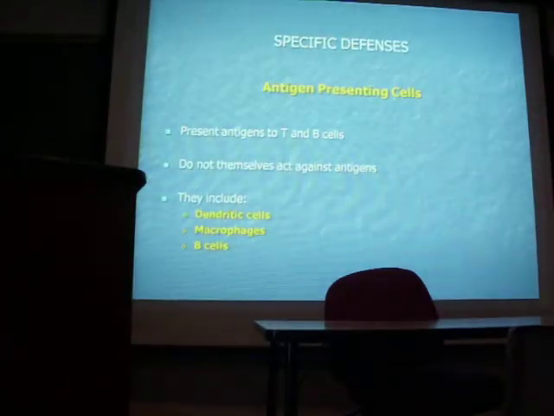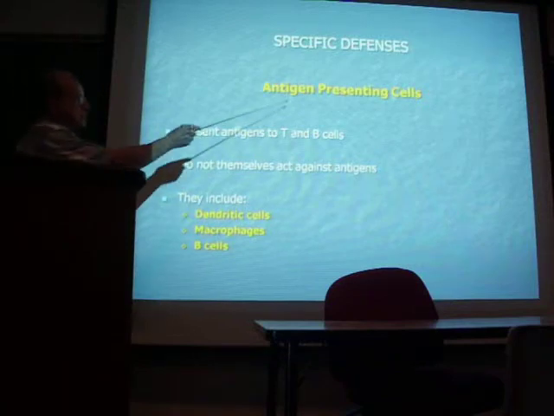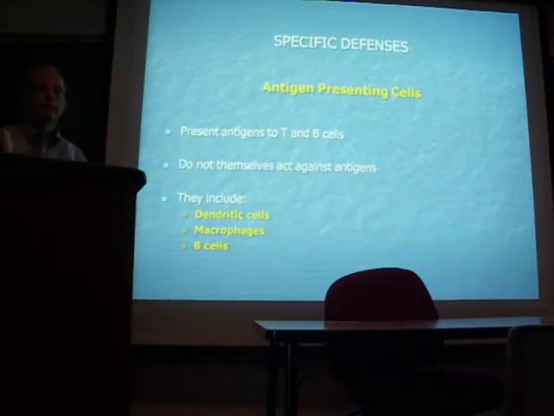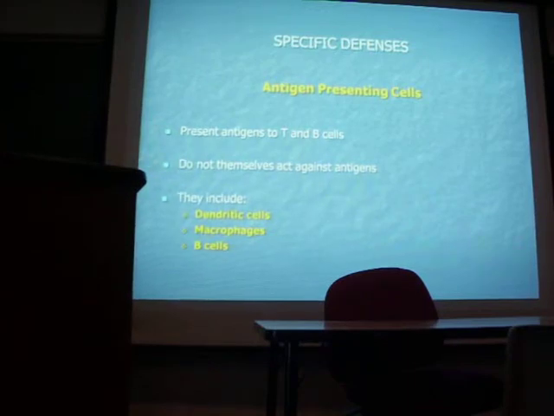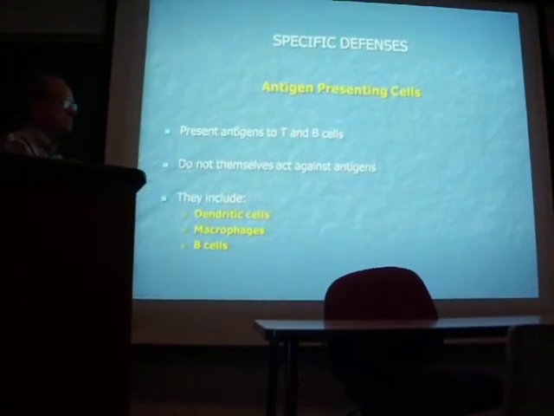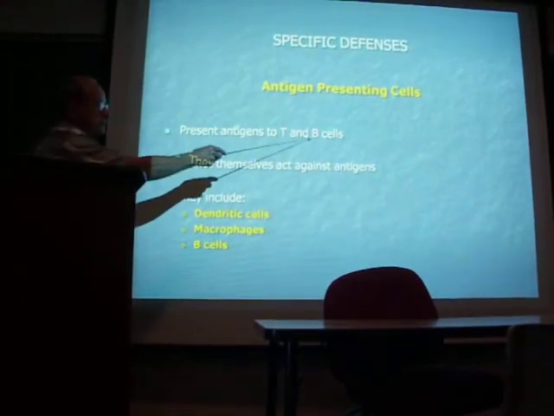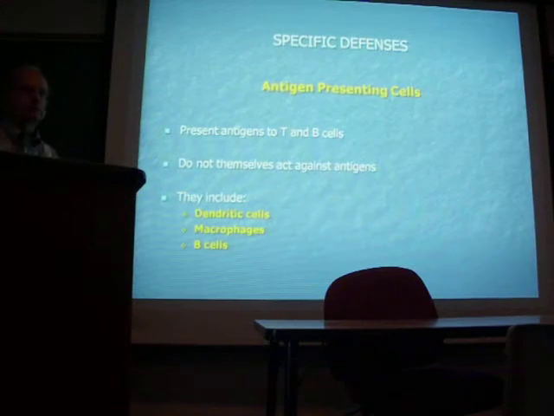All right, so we have a class of cells that are good at presenting antigens to T cells. They're called antigen-presenting cells, or APCs. APC stands for antigen-presenting cell. So they present antigens to T cells and B cells, which we will come to later.